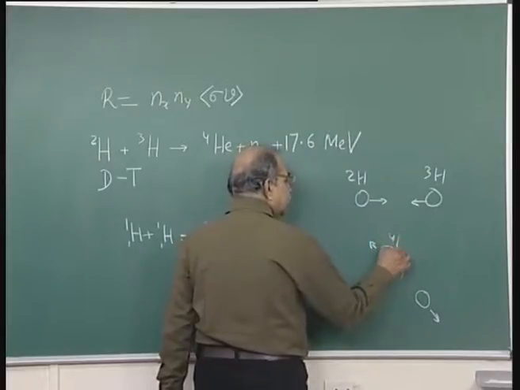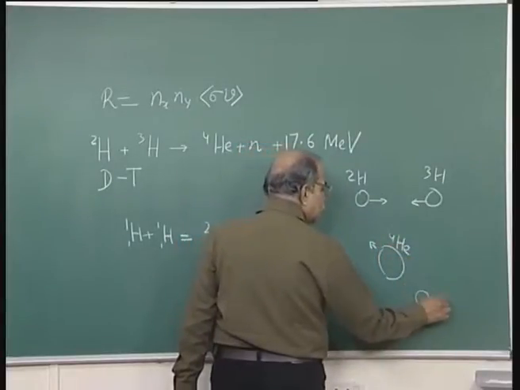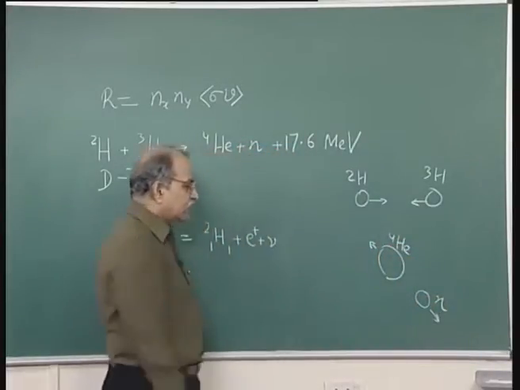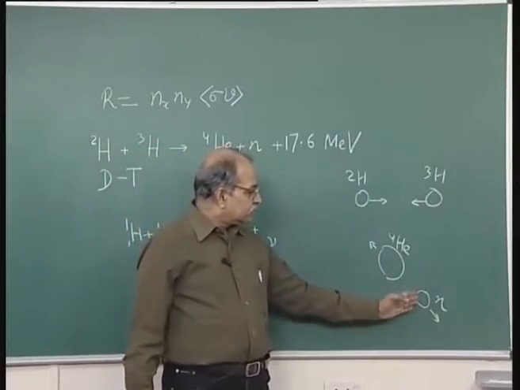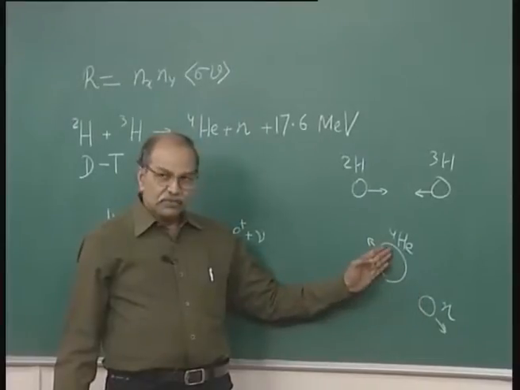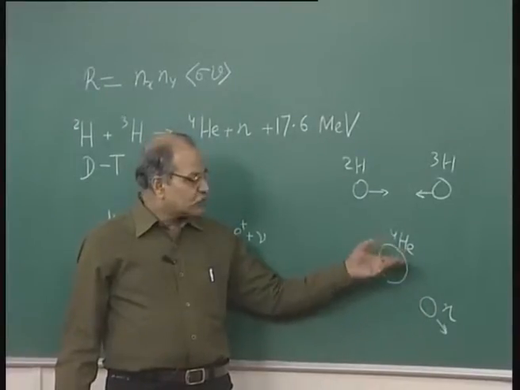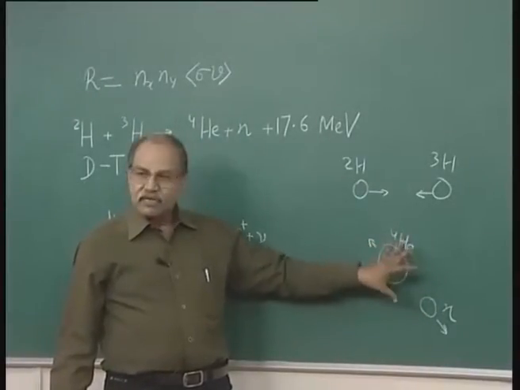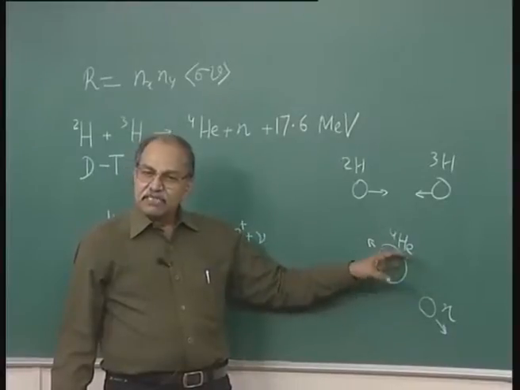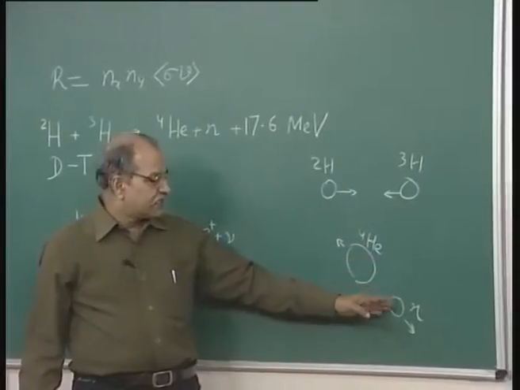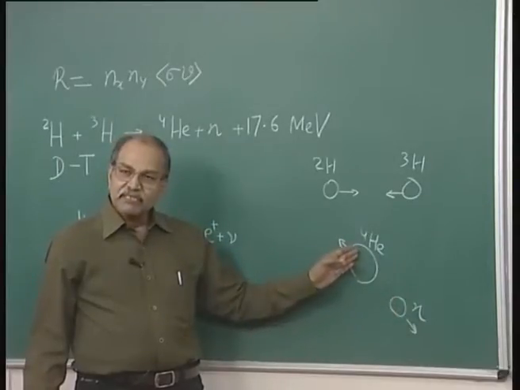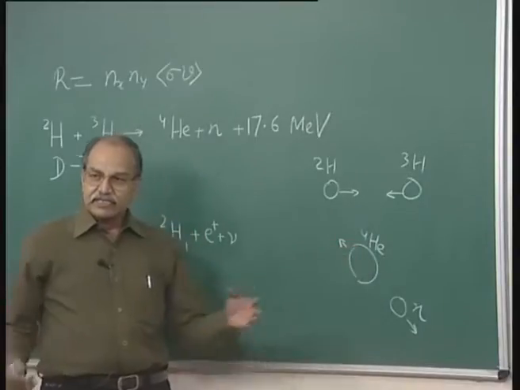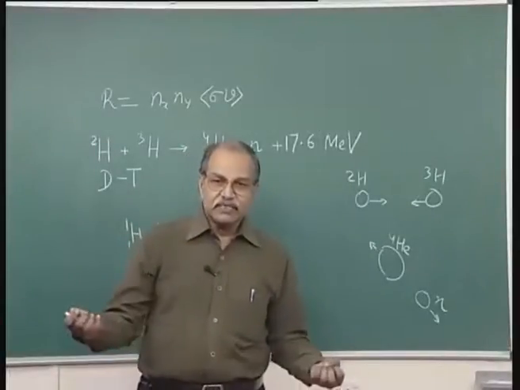So, this is 4He going this way and neutron going this way, and you can make calculations. The momentum should be 0 and therefore, the velocity should be in the inverse mass ratio. So, the major part of the kinetic energy will be taken away by the neutron and the smaller part will be taken away by the alpha particle. That is how the energy will be distributed.